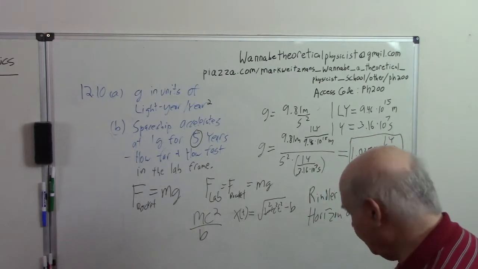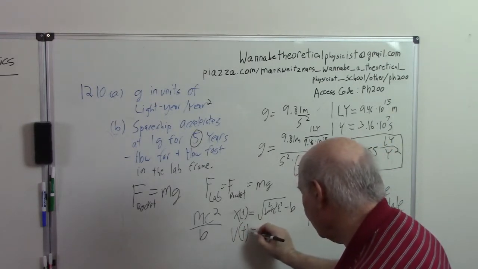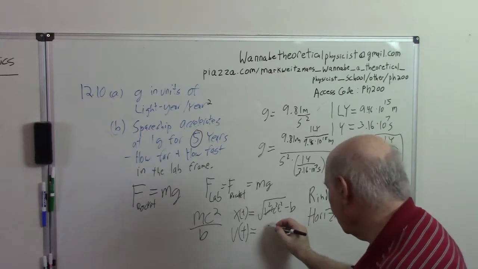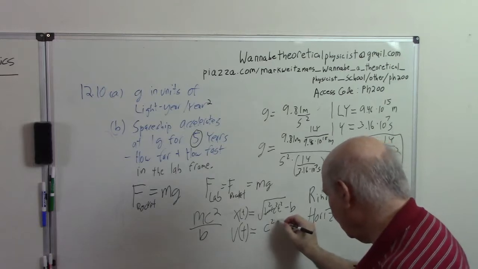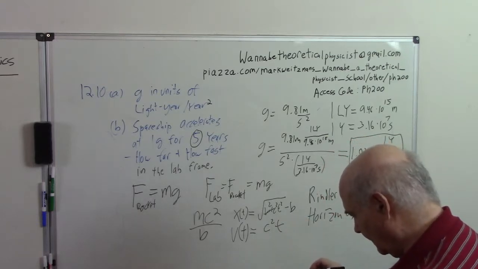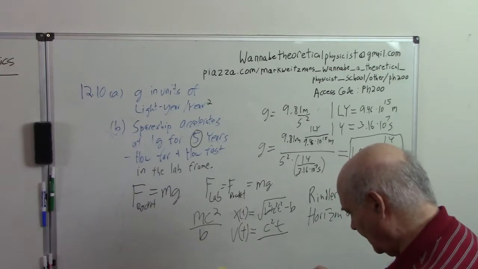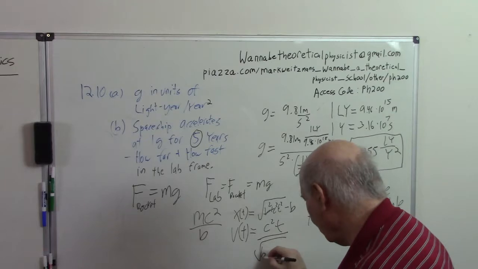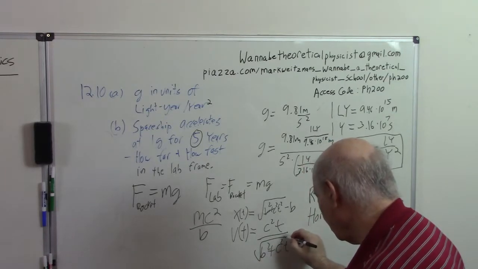And we could also differentiate that. We get that the velocity is the derivative of this, c squared t over the square root of b squared plus c squared t squared.